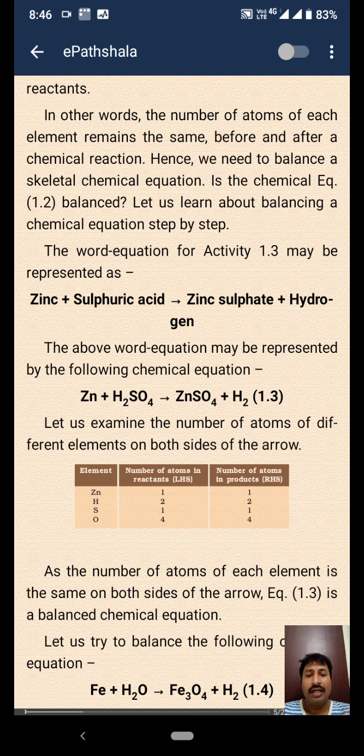Now iron, when it is reacted with oxygen in presence of moisture, we call it rusting of iron. That is an example. See, iron plus water gives iron oxide plus hydrogen gas.